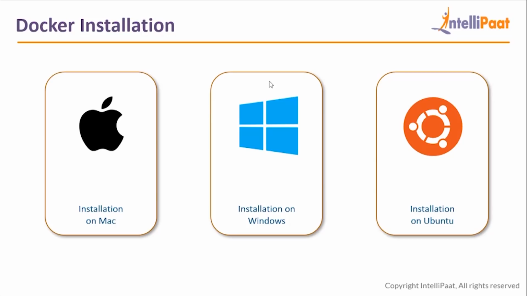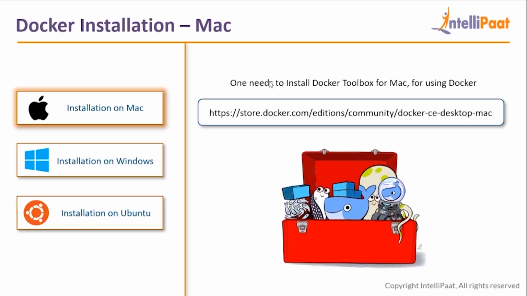All right. So if you're on Mac, all you have to do is go to this link. This link is going to download the Docker Toolbox for Mac. Once you have the Docker Toolbox, it will install everything. It will install Compose, the Docker software, and the other components of Docker. So you don't have to worry about what component is what.